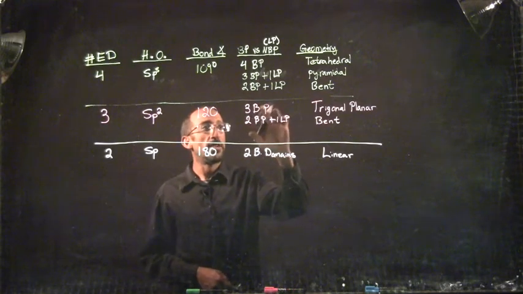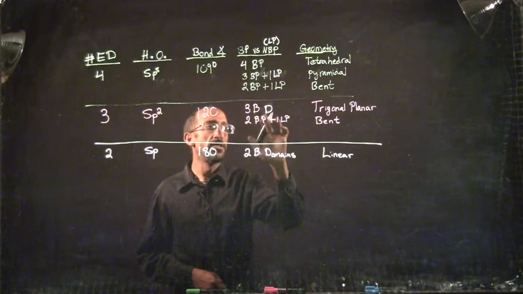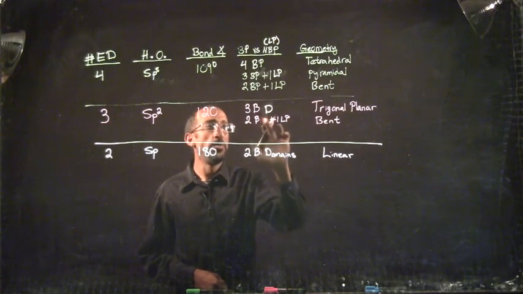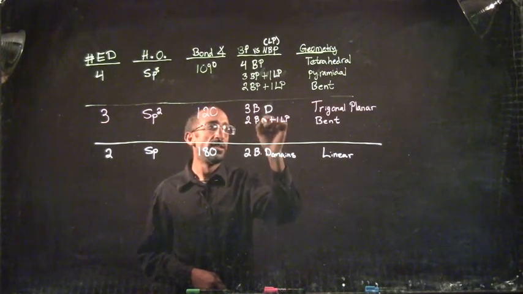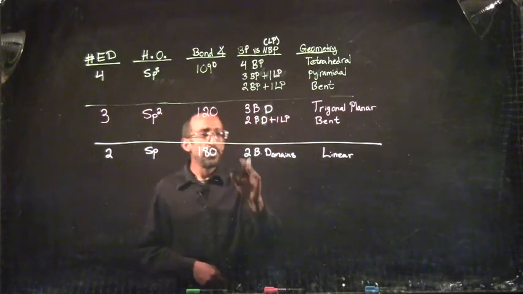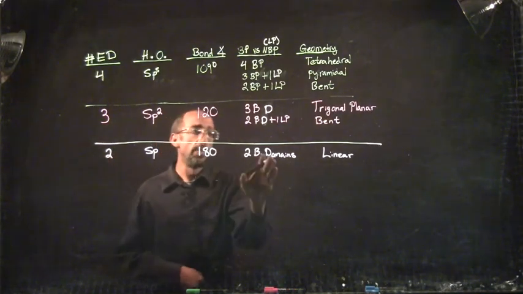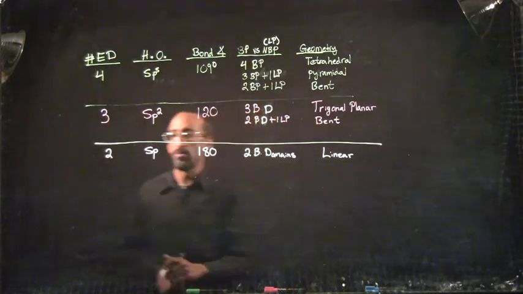Again, this should be corrected here as well. Here we would have 2 bonding domains. So we have two bonding domains, we have two electron domains. They're both bonding domains. We'll have a linear geometry.